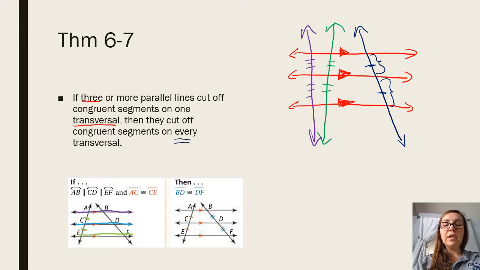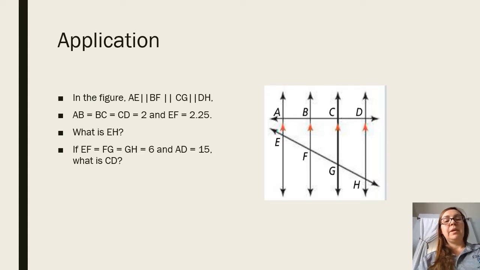Okay, they are not congruent across each other. They are only congruent on the same transversal. So let's look at an application. They're telling us that AE is parallel to BF, which is parallel to CG, which is parallel to DH.